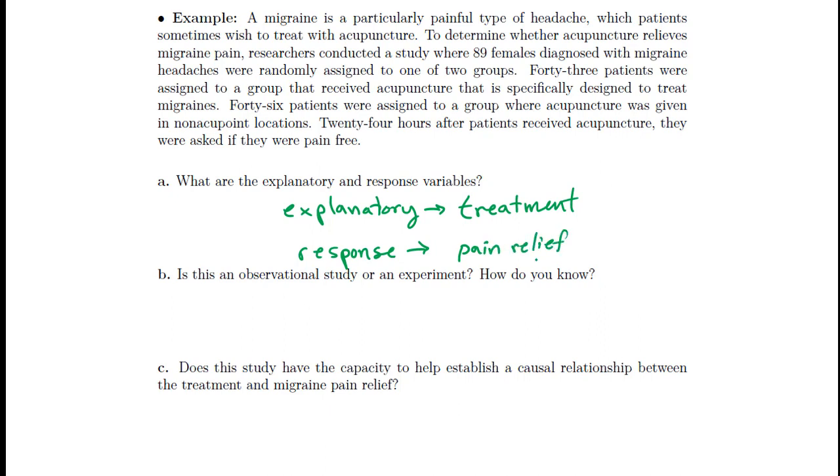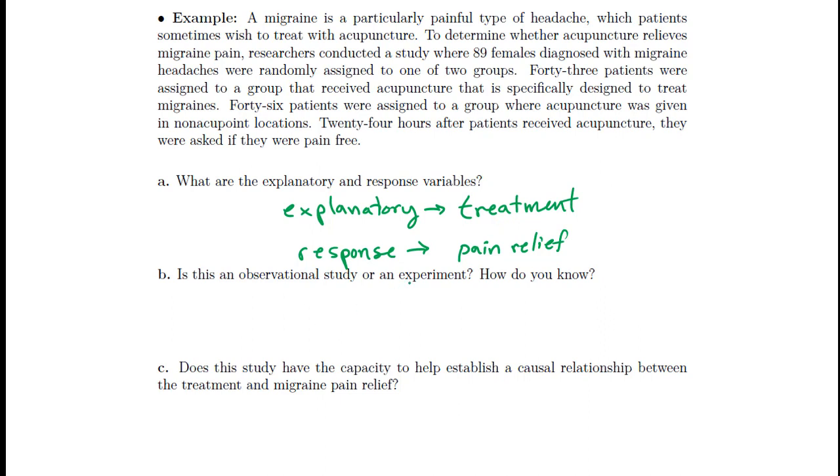So it's clear that this is the direction it should go. We're saying the treatment might affect whether there's pain relief or not, or the degree to which pain relief is occurring. But certainly pain relief would not affect treatment, right? So like I said, saying it both directions, usually one is very clearly the right way to go.